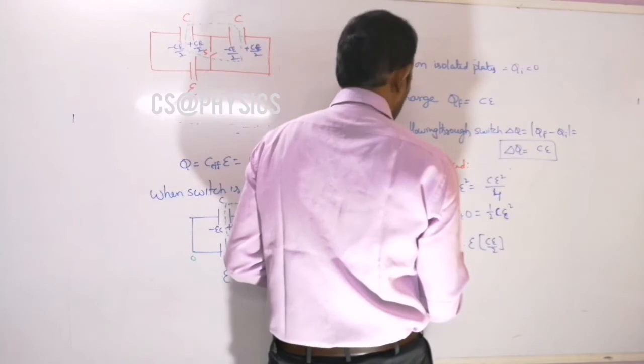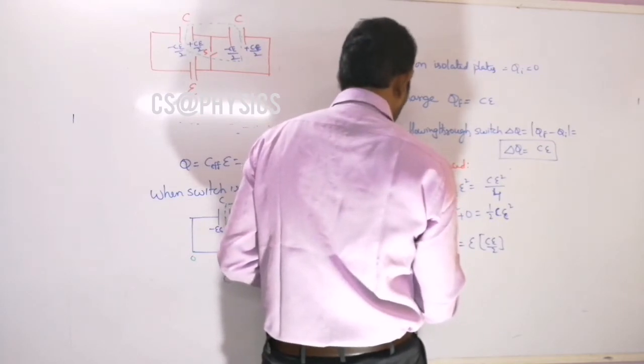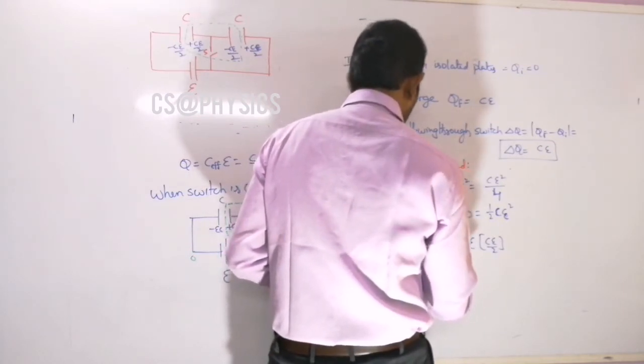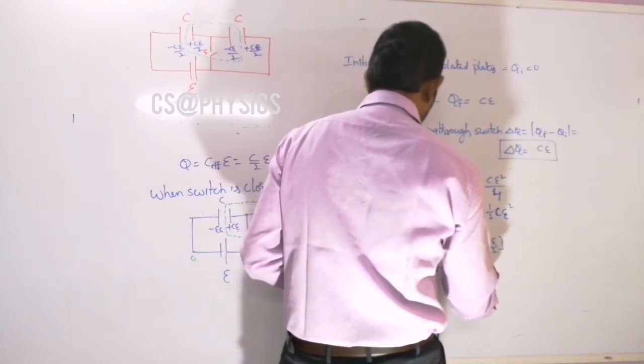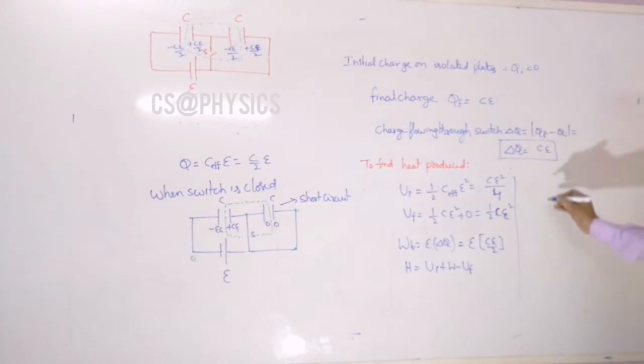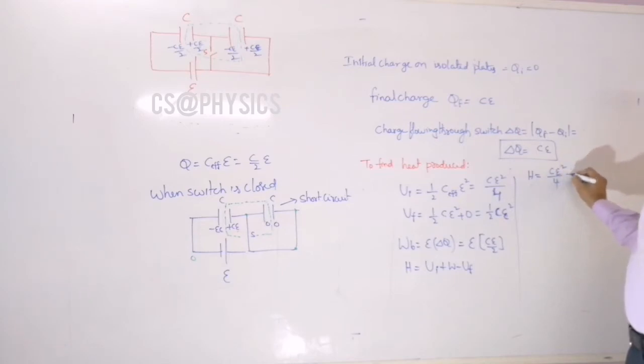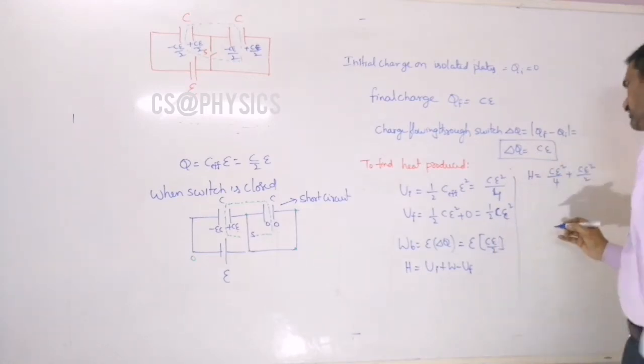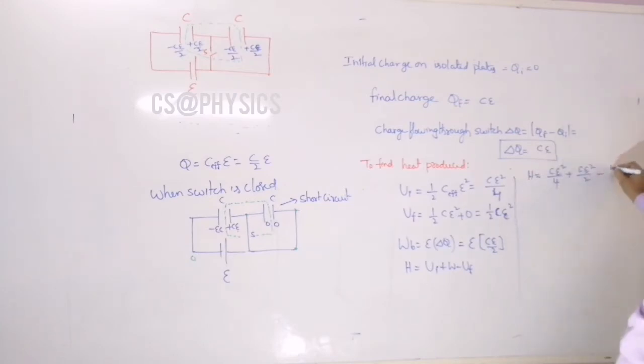Therefore heat produced is equal to U initial plus W minus U final. Now we substitute those values. H is equal to U initial, CE square by 4, plus work done, CE square by 2, minus final energy, CE square by 2 or half CE square.